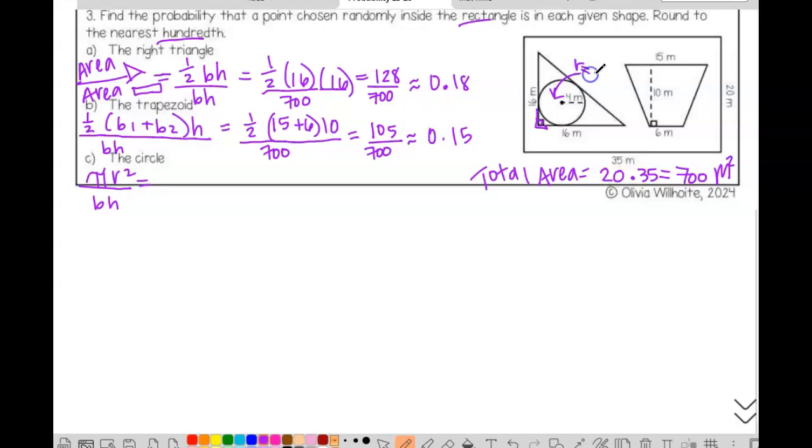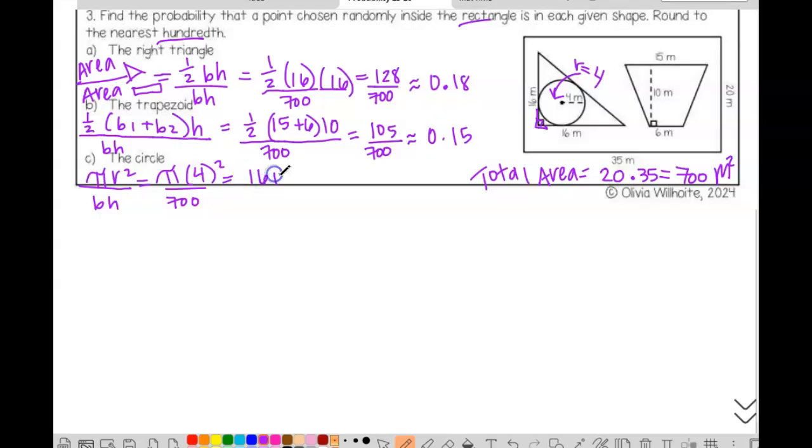R equals 4. You have to be careful on your warm-up. Sometimes they give you the diameter, but not here. So pi times 4 squared over 700. And in your warm-up, it said leave in terms of pi. So when you leave something in terms of pi, you don't multiply it.